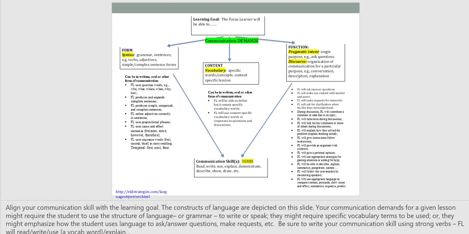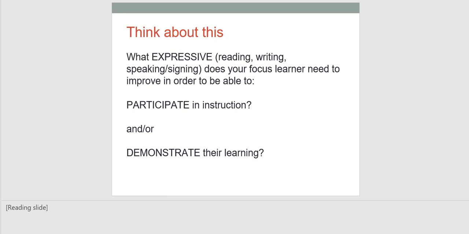Be sure that you write your communication skill using a strong verb, like focused learner will read, write, use a vocab word, or explain. Think about this. What expressive, reading, writing, speaking, or signing language does your focused learner need to improve in order to be able to participate in instruction and or demonstrate their learning?